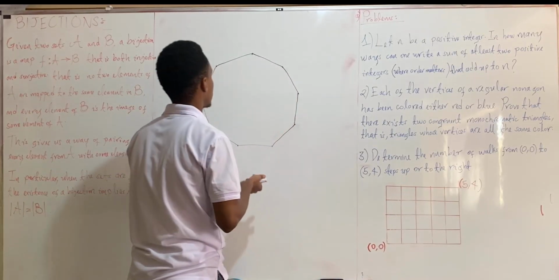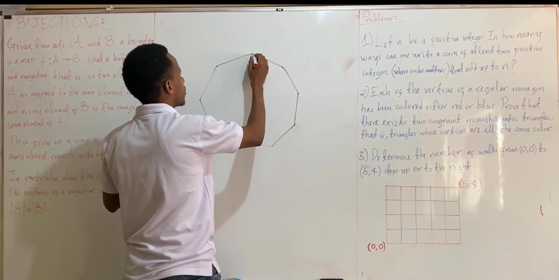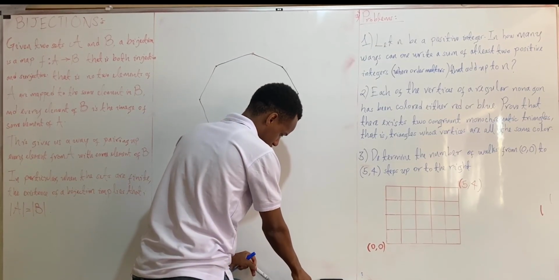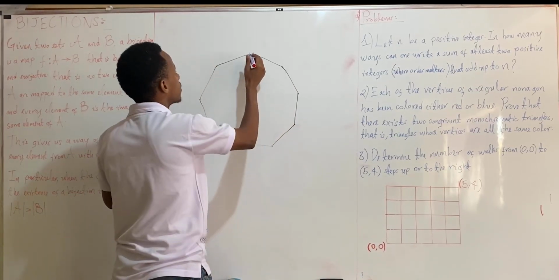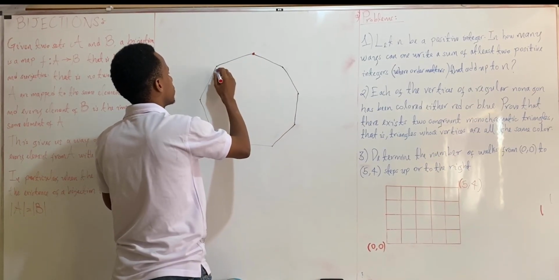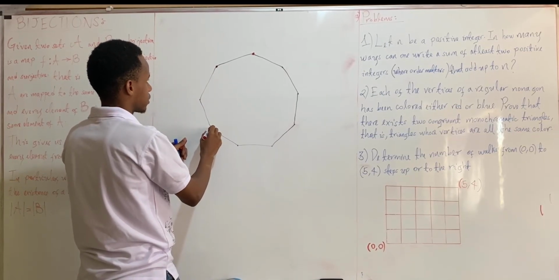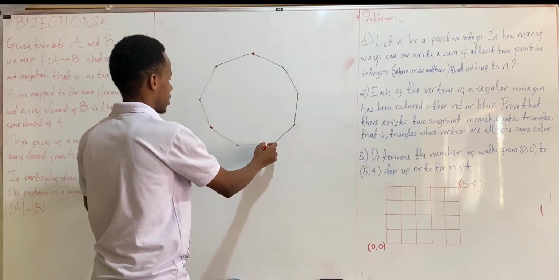So maybe in this example, we'll try to color it. Maybe here you can put a red color, maybe red there, and maybe another red here, and maybe another red here.